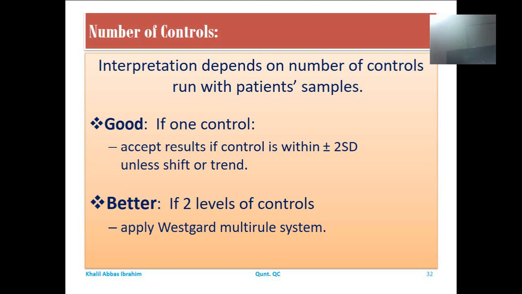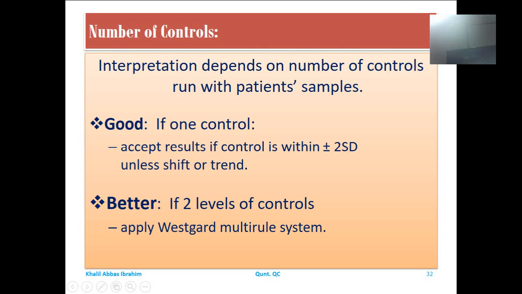So still it is accepted to use one control material with the patient samples, and in this case you need to accept the results if the control value is within plus or minus 2 standard deviation, unless there is a phenomena of shift or trend observed. Otherwise, these values are accepted in your system if you are using one control material.